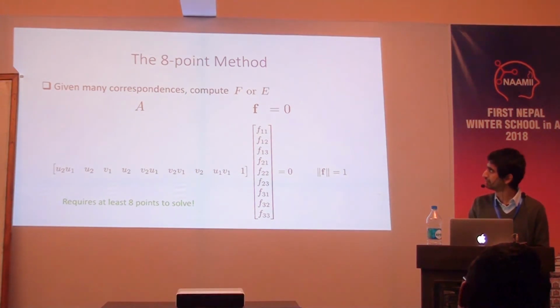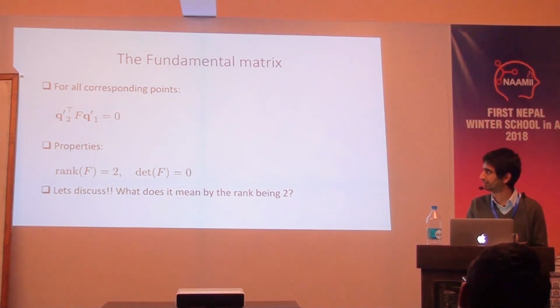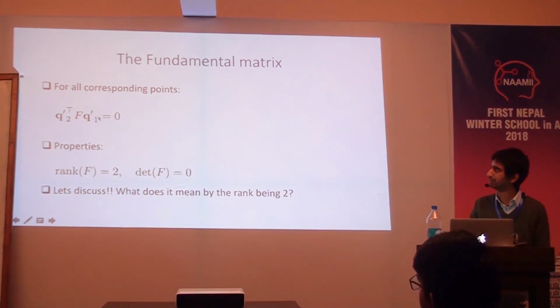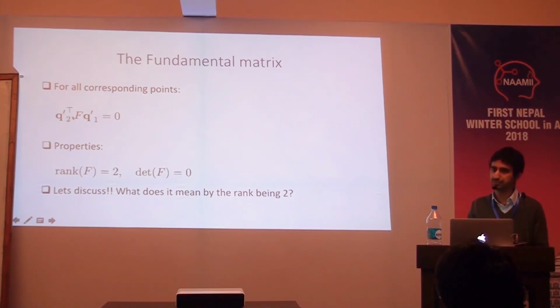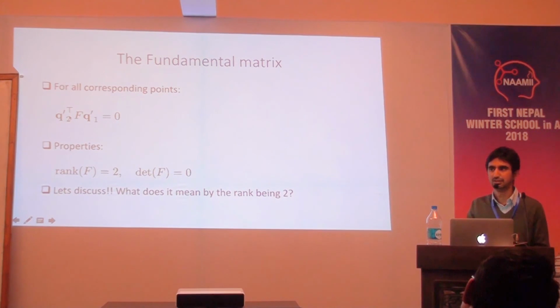What we're trying to do here is compute the fundamental matrix or the essential matrix. And we have this relation, Q2 prime transpose F Q1 prime equal to 0. In terms of F, if F is a variable, then this is a linear equation, right?